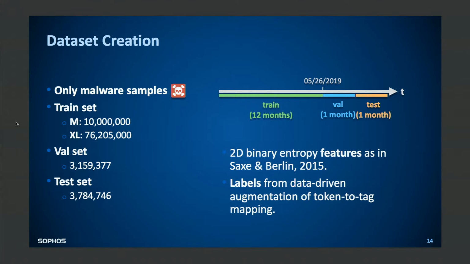And we use these labels that I just showed you that were extracted from detection names from these 10 different anti-malware solutions that we know are well known for generating fairly good detection names.